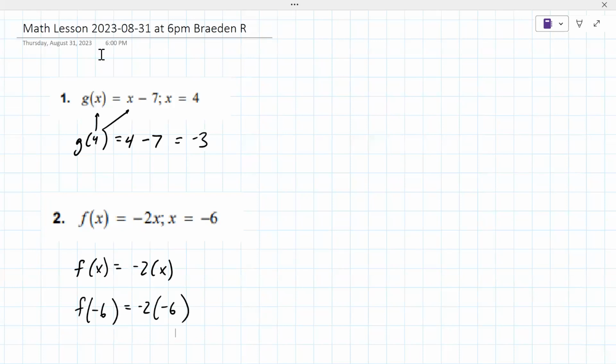Okay. And then f of -6 equals -2 times -6, which equals 12.